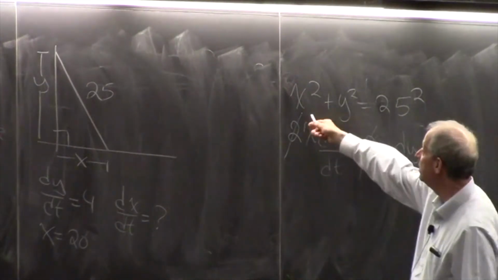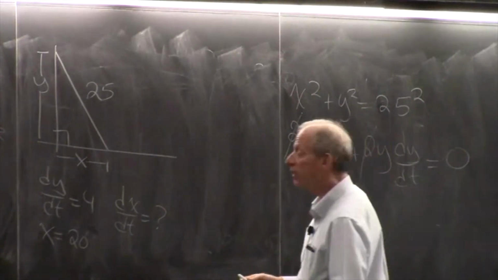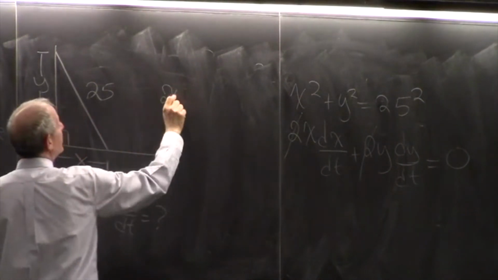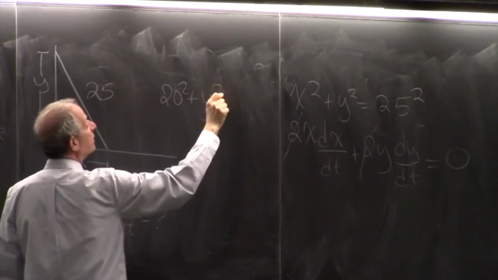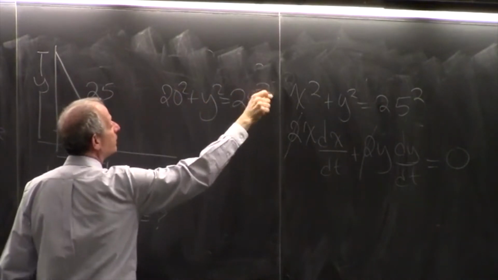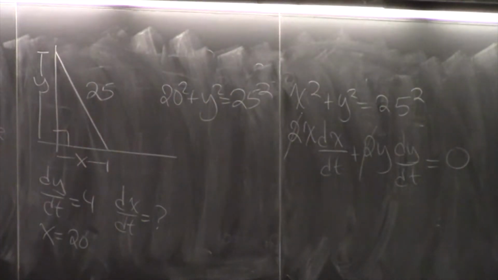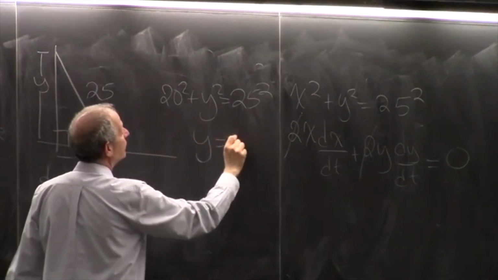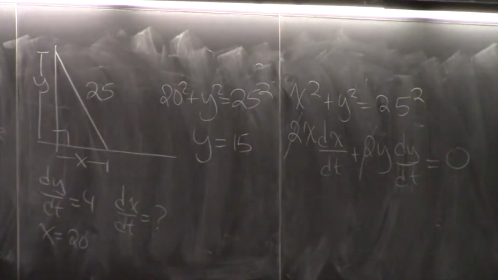Well, we also know that x squared plus y squared is 25 squared. So we know that 20 squared plus y squared is 25 squared. You do a little Pythag, you realize it's a 3, 4, 5 triangle, so y will come out 15.